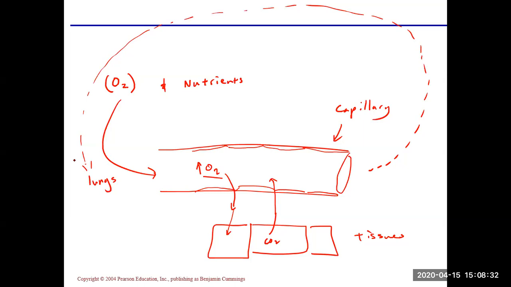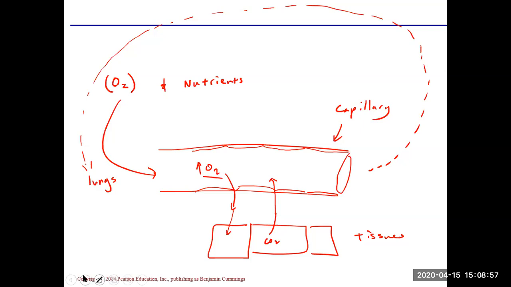Along the way, obviously, they have to stop by the heart, so the heart can pump the oxygenated blood to the tissues, which we will discuss a little bit later.